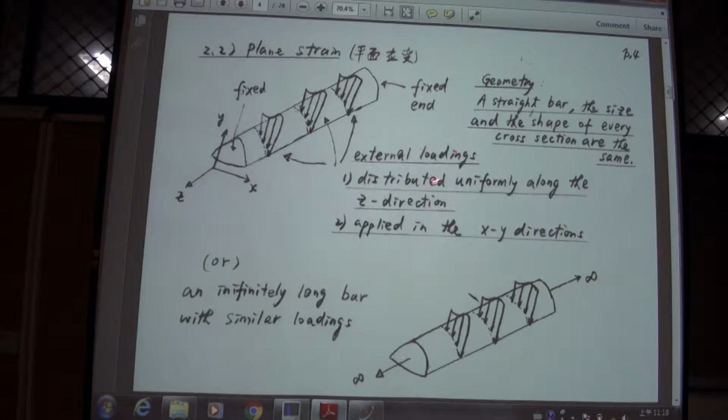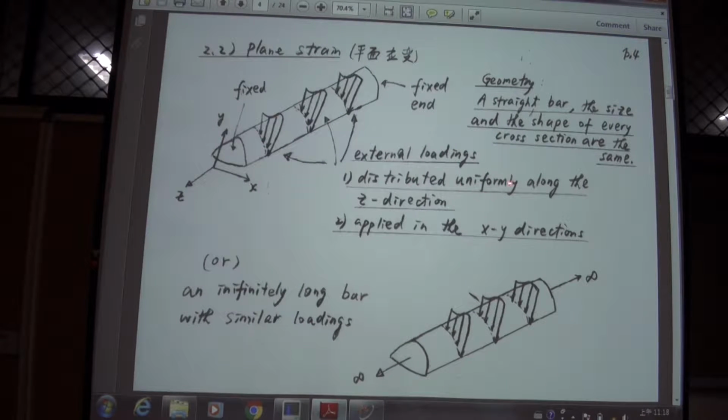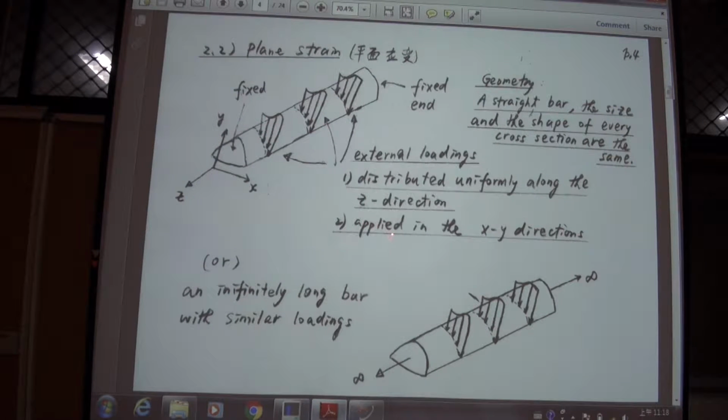The external loading distributed uniformly along the z direction means that in every cross section, the loadings are the same. And also, the second condition is these loadings must be applied in the xy direction.